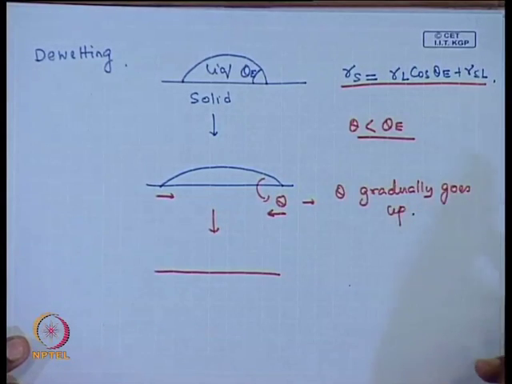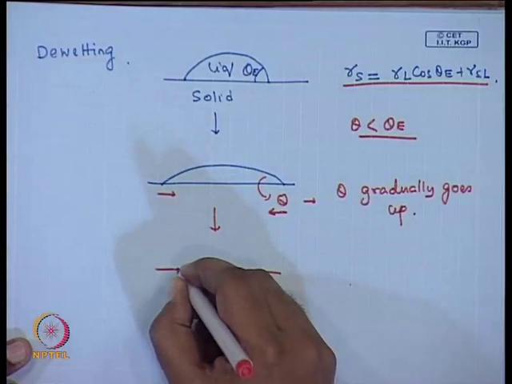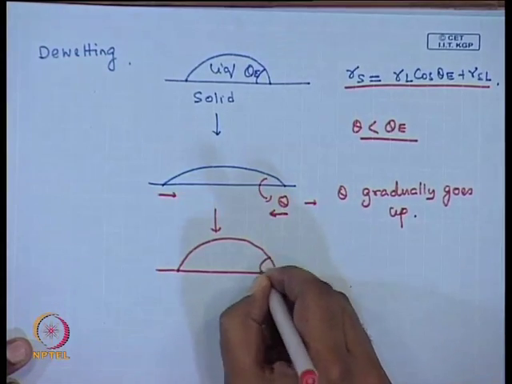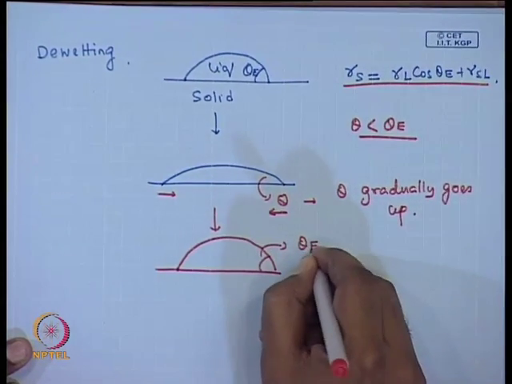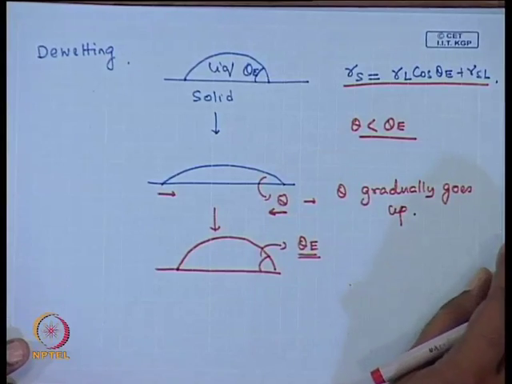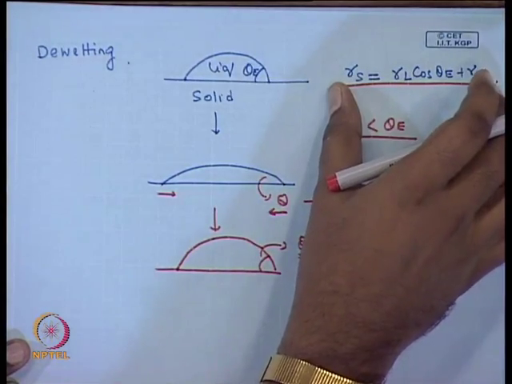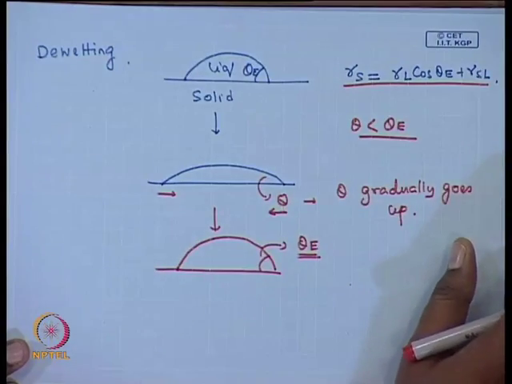And when does this retraction stop? It stops when theta gets back to theta e. When theta becomes equal to theta e, this equality becomes valid again, so the retraction stops.